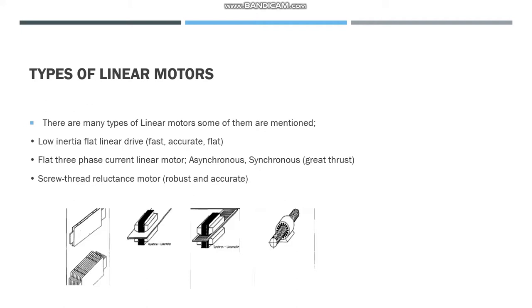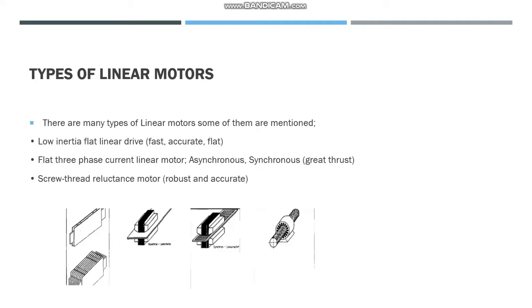Then there are some types of linear motors, namely the low inertia flat linear drive, which is fast, accurate, and flat, and we can see its basic model as the first picture from the left.